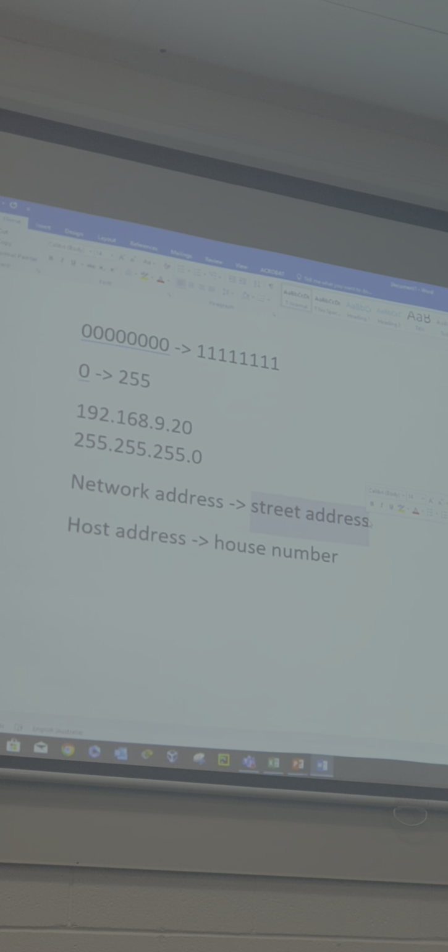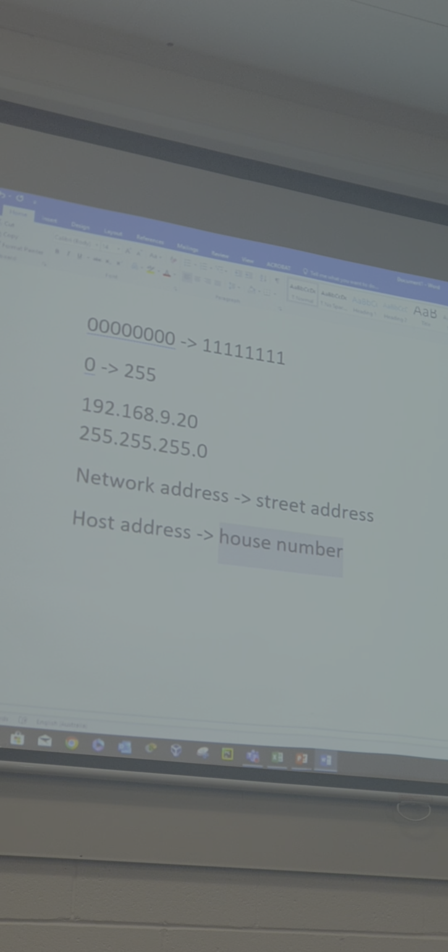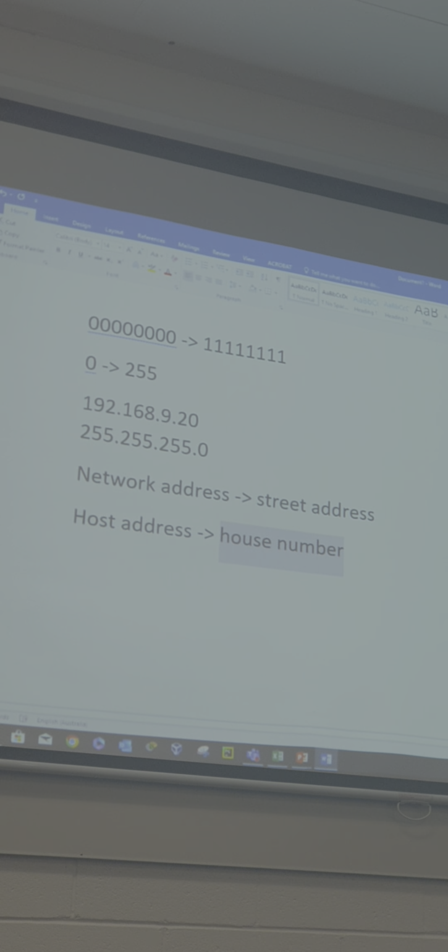Every computer in the same network has the same network address. Similarly, if you were to number the houses in your street, every house has a unique number because it needs to be uniquely identified in your street. Same thing with the host address in a network. The host address needs to be unique for that network address.